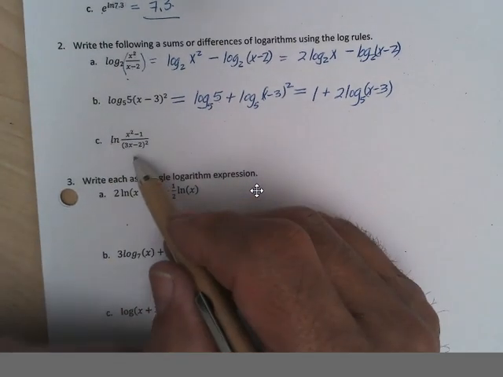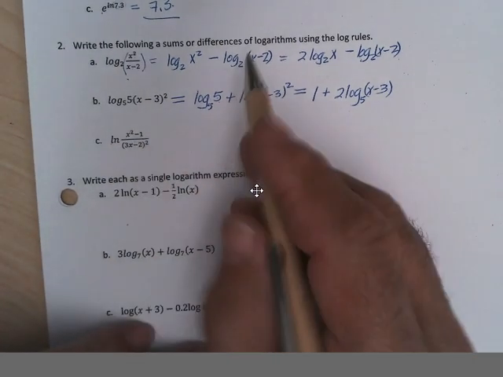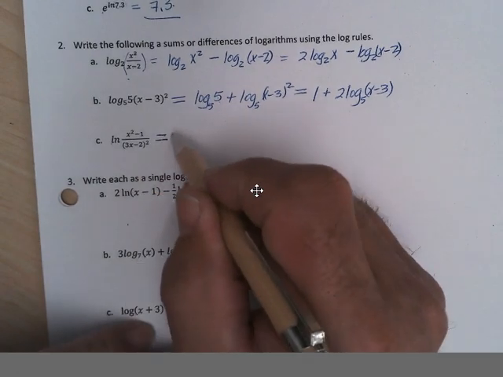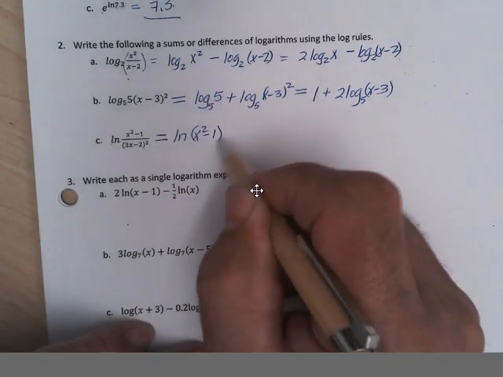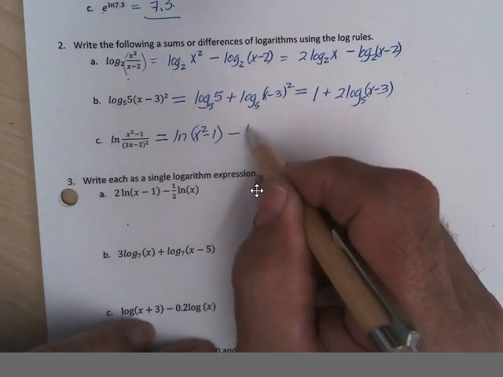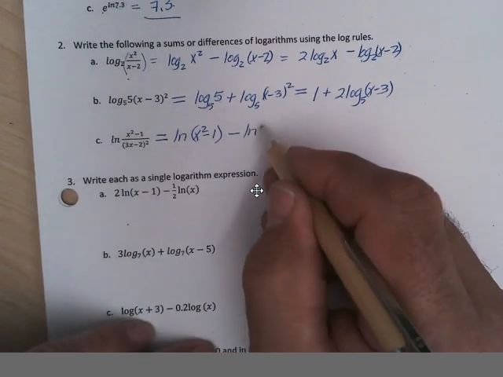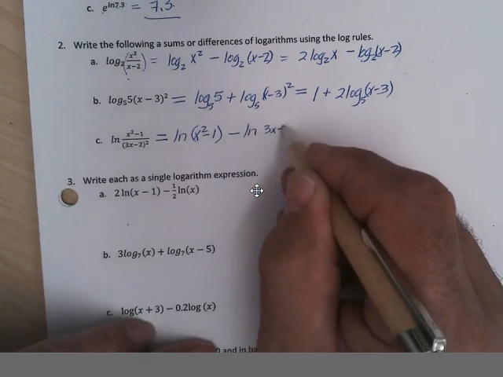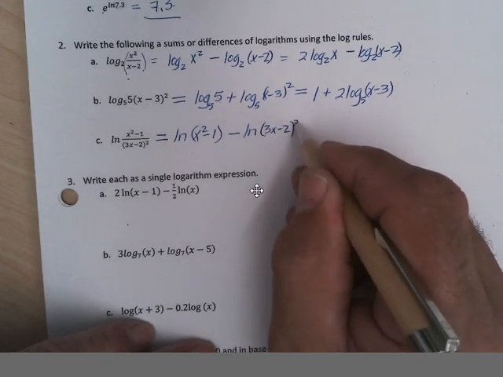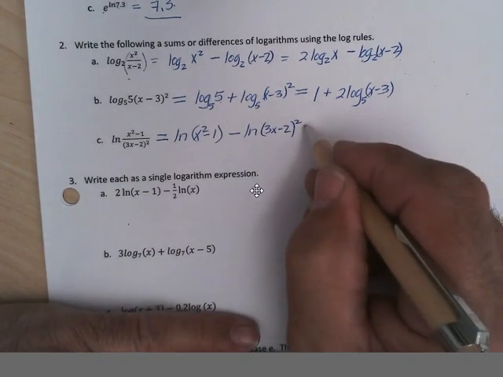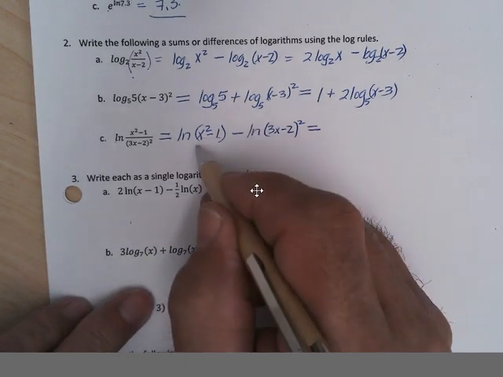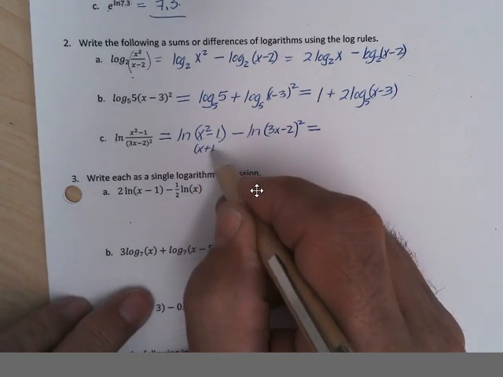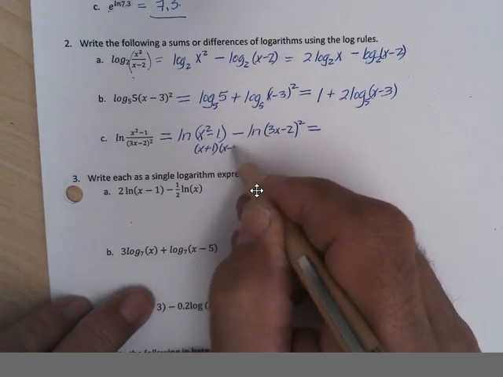ln is just a log in base e, and when we've got division, we do subtraction, so it's ln of x squared minus 1 minus ln of 3x minus 2 squared. Now, not obvious, x squared minus 1 factors to x plus 1 and x minus 1.